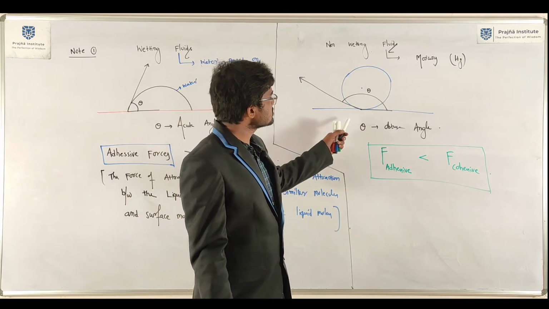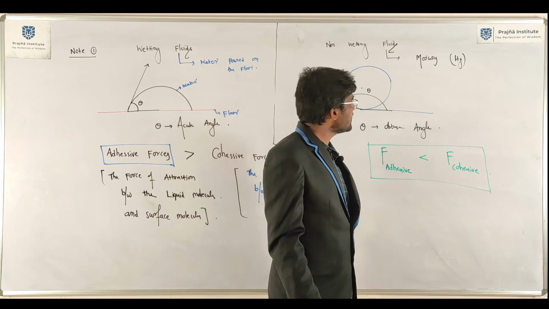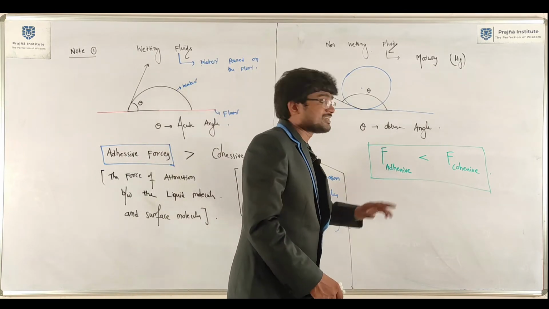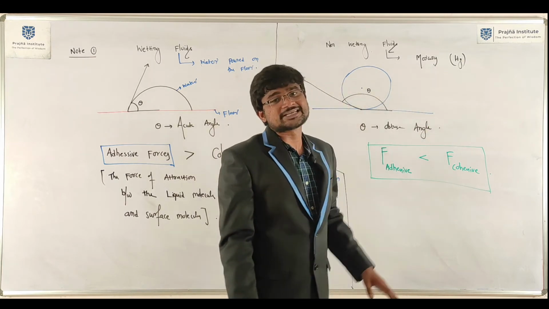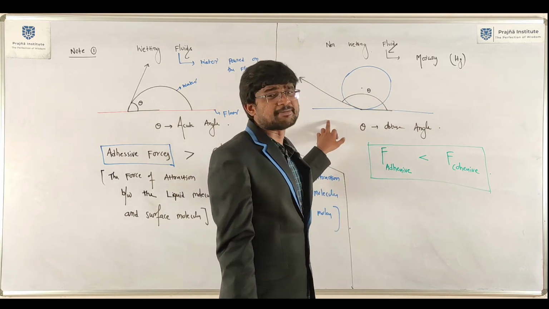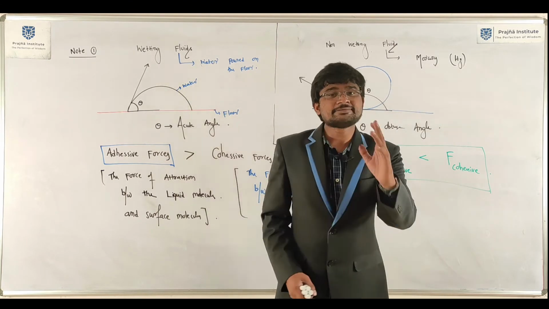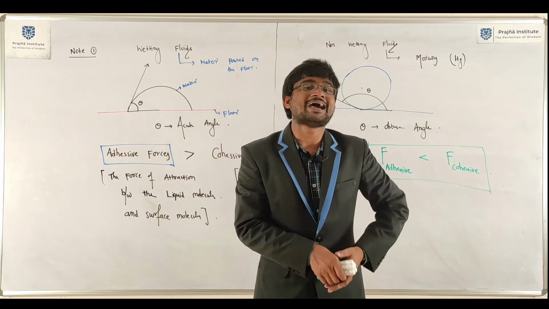So here you can call it a non-wetting fluid. What is the reason for that? The force of attraction between the mercury molecules and this particular surface molecules is less than the force of attraction between similar mercury molecules, which will be higher.